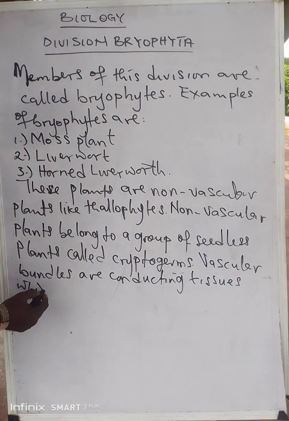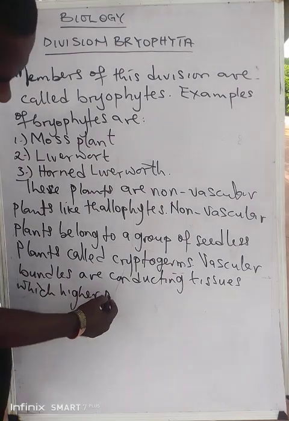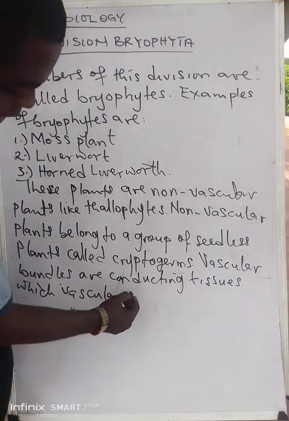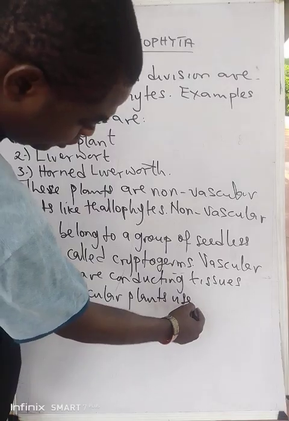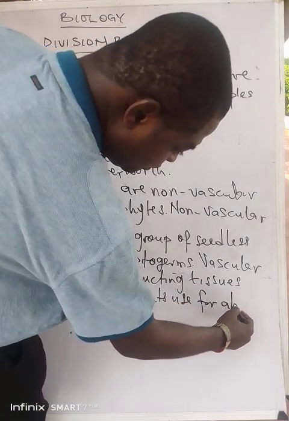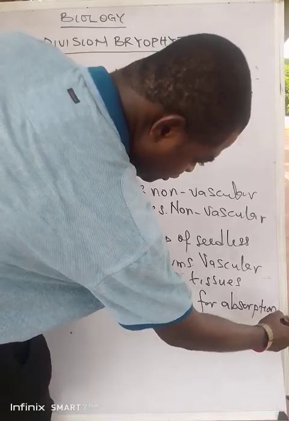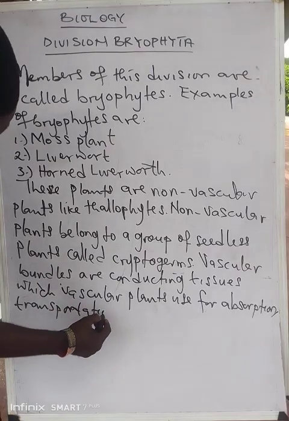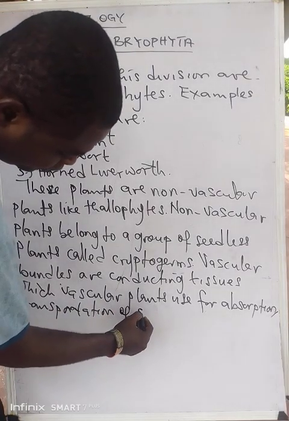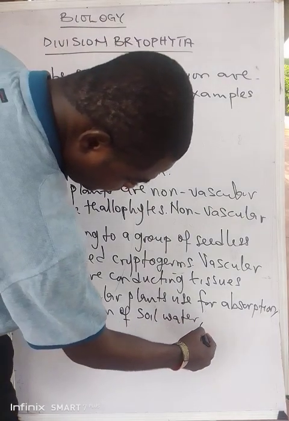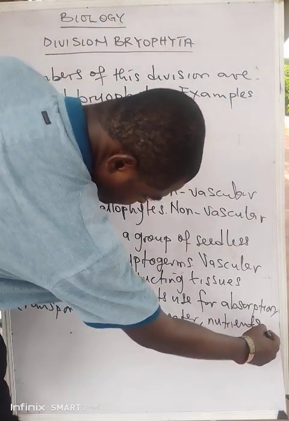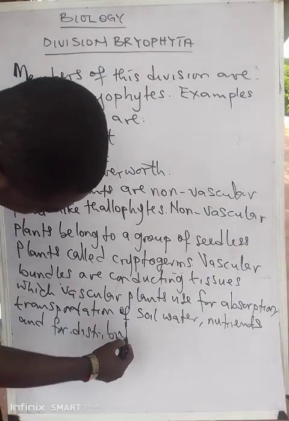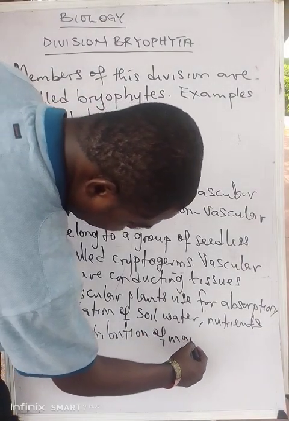which higher, vascular plants use for absorption and transportation of soil, water, nutrients, and for distribution of manufactured food.